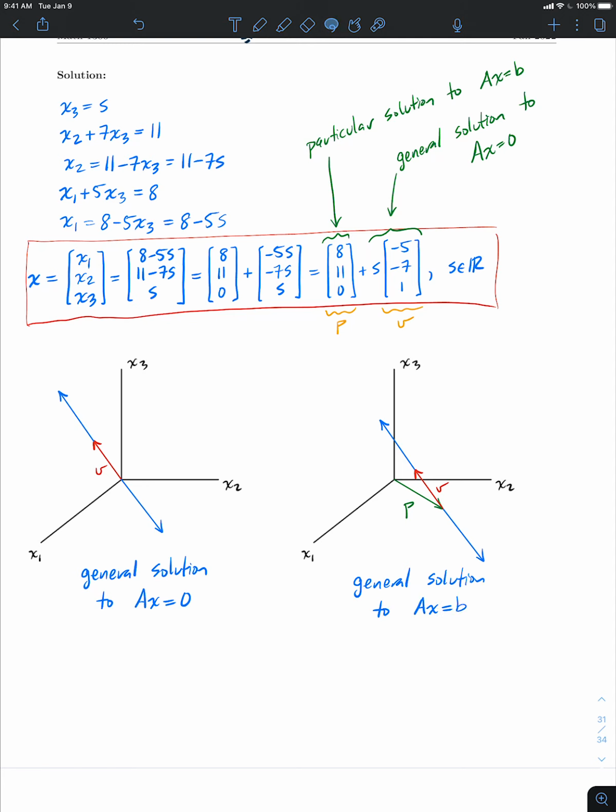So just to recap, if you look at the general solution to the associated homogeneous system, and you have a particular solution to your linear system Ax = b, that's what this p really is, what you're going to do is translate the solution set of the homogeneous system by exactly your particular solution, treating it as a vector. And then the resulting picture is a picture of the solution set to your original matrix equation, the one that's not homogeneous, the one that actually has a constant column that doesn't consist of all zeros.